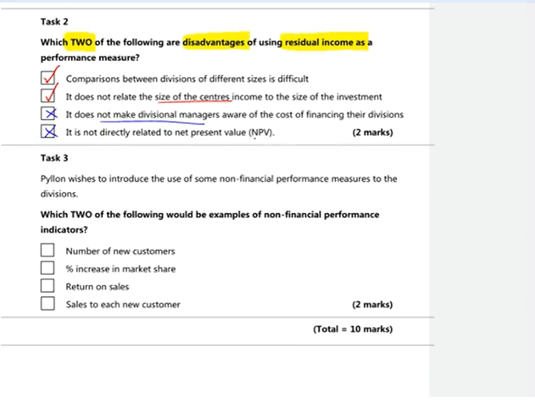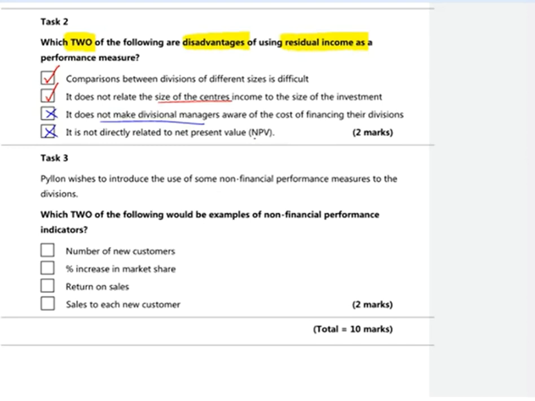And not directly related to the net present value. Well, it isn't directly related to the net present value, but that isn't a significant disadvantage of the residual income method. Not everything has to tie into NPV in order to be valuable to us.